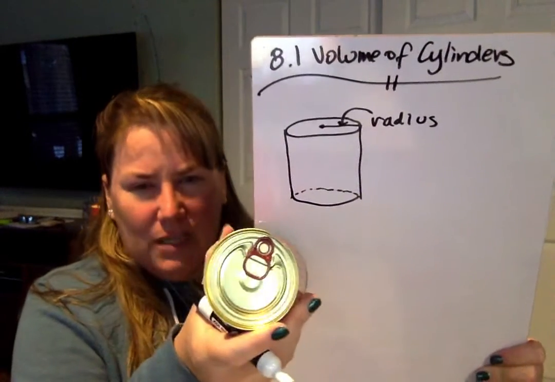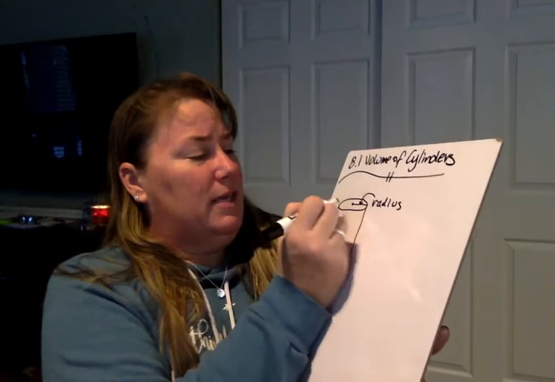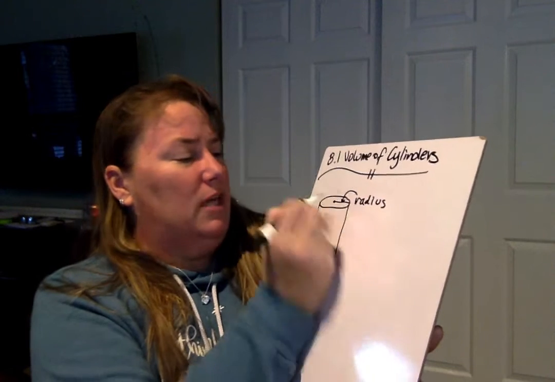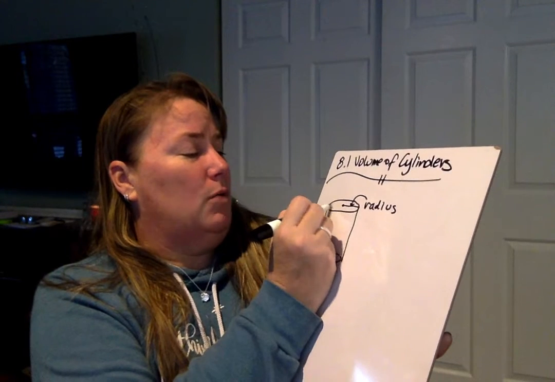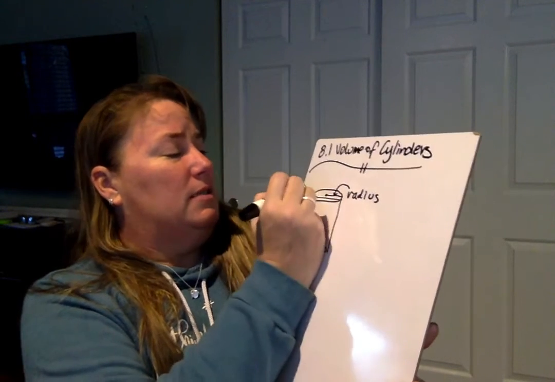If I actually had to measure this, the radius would be from the center point, the length halfway across. All the way across would be the diameter. So all the way across is the diameter.